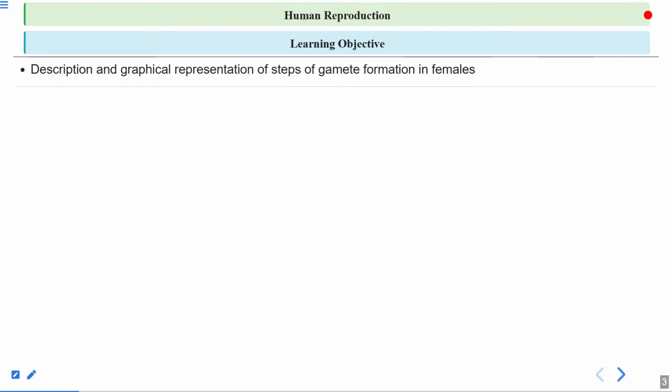I'll tell you about the ploidy level of the cells formed during oogenesis. Ploidy level means the chromosome number. Which cell is haploid, which cells are diploid, and how many chromosomes they have. Then which cells are formed during oogenesis. So we'll be understanding the procedure of oogenesis in this lecture.